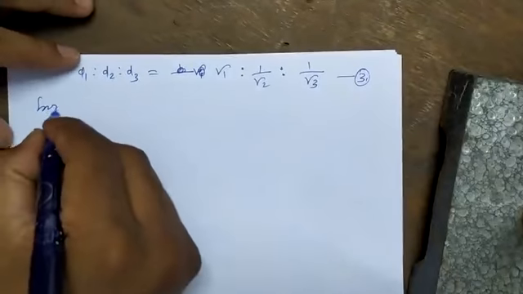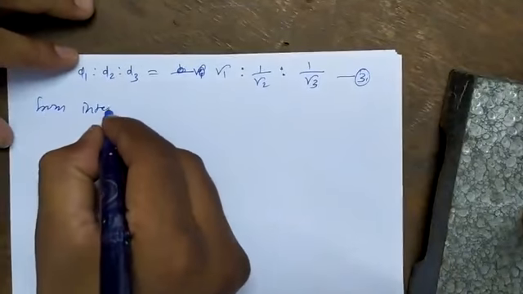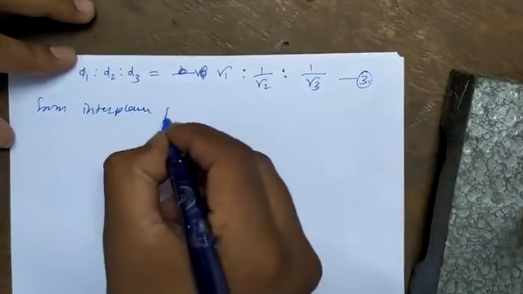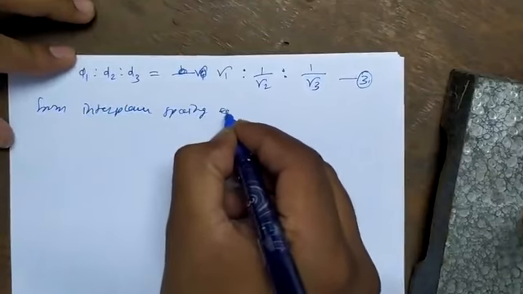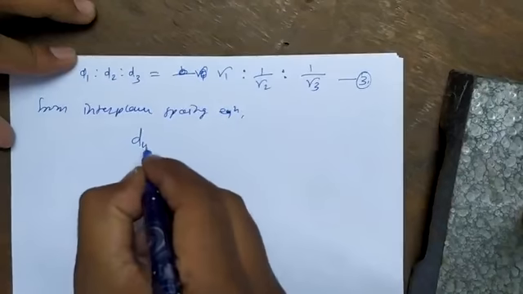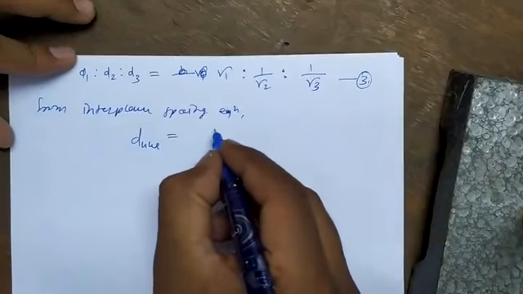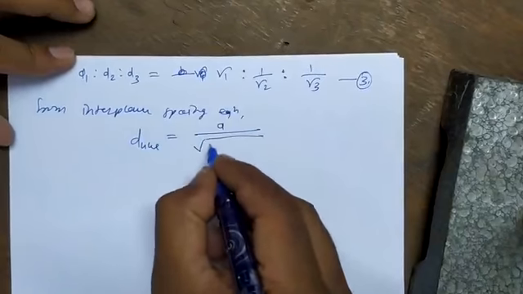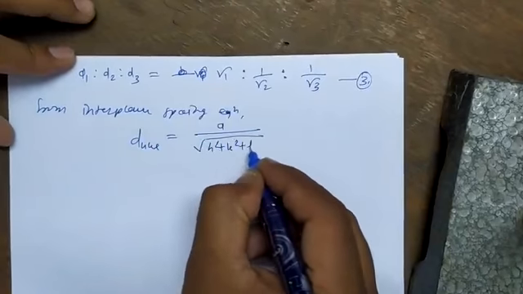Now from the interplanar spacing equation, we have d hkl equal to a upon under root of h square plus k square plus l square.